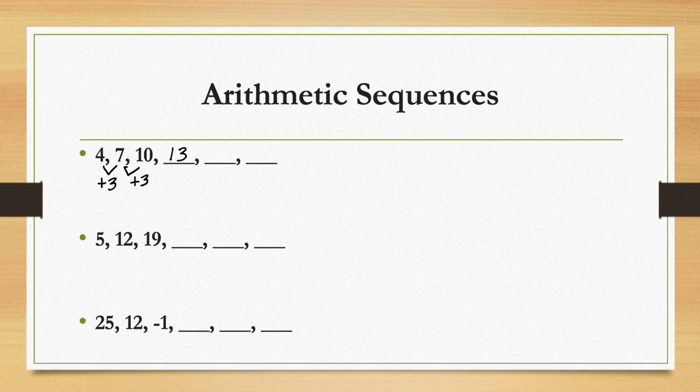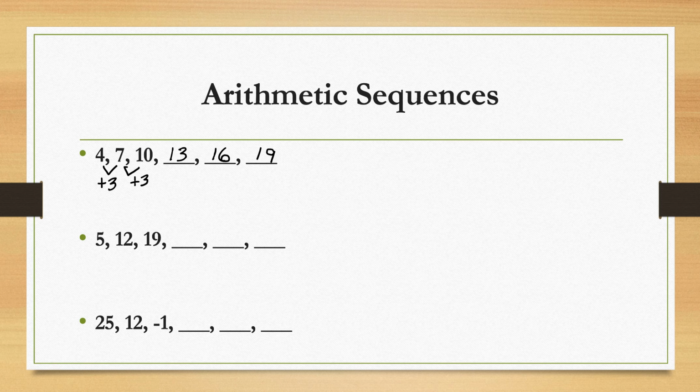Going to the next term, 13 plus 3. And then going to the next term, 16 plus 3. So once we decide what that pattern is, then we're going to do that for each of our terms. So that will help us complete the sequence.